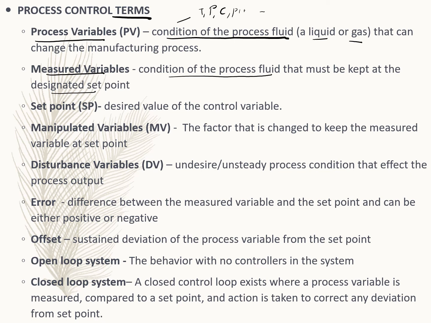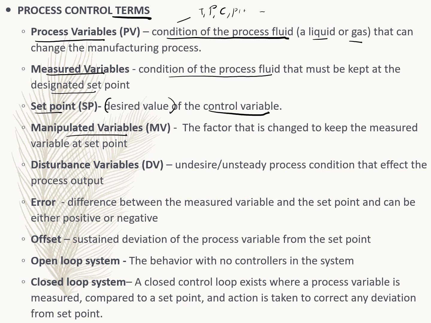Set point. Set point is the desired value. Just now I kept mentioning the desired value. Basically in process control, this desired value we call a set point. So set point is the desired value of the control variable. Next we have manipulated variable.